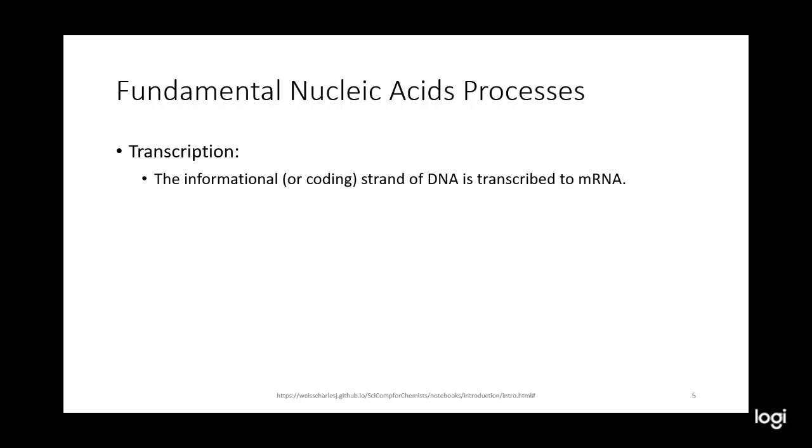This process transfers genetic information from DNA to mRNA, which carries the instructions for protein synthesis. Translation: the messenger RNA sequence is decoded to assemble a protein. In other words, the genetic information transcribed from DNA is now used to synthesize proteins.